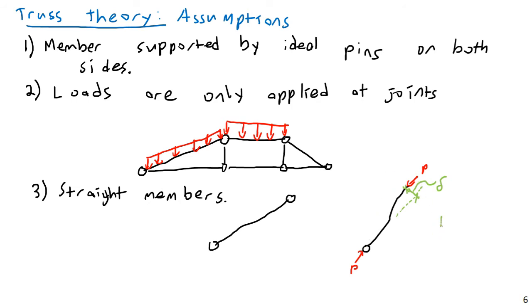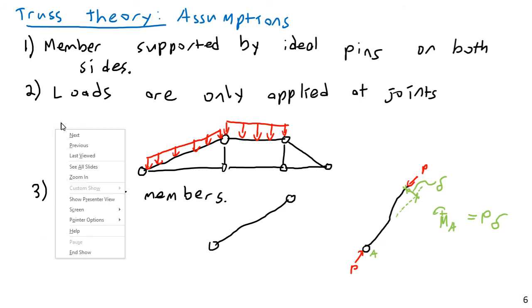I will now have a P times delta. This force will generate a moment because it's offset. If the member is curved at all, the end forces will generate a moment, and that means my assumption is no longer valid.